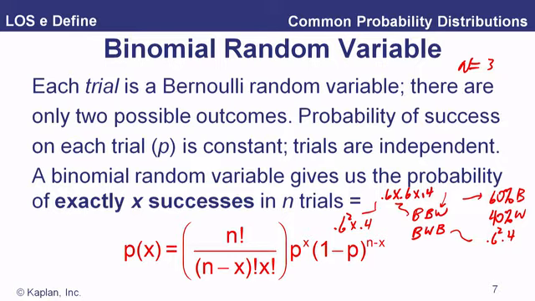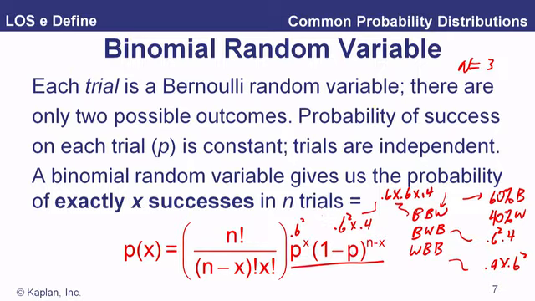And what other ways could we do that? We could go white, black, black. Again, the probability is 0.4 times 0.6 squared. Now look at this part of the formula. This is the probability of success to the power of our number of successes. That's 0.6 squared here.